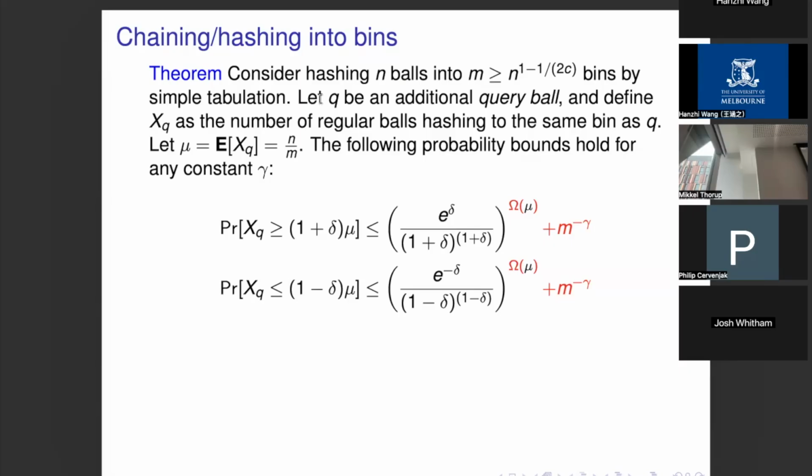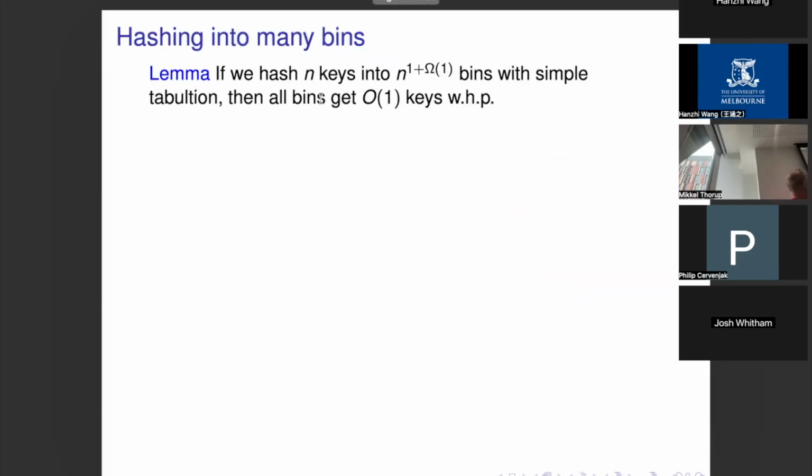There's something under the carpet, but we get the same nature as what we're interested in, namely this exponential decay in the tail of the probabilities. And I will show a simple case of this. So I want to throw n keys into, say, 1.1 bins.